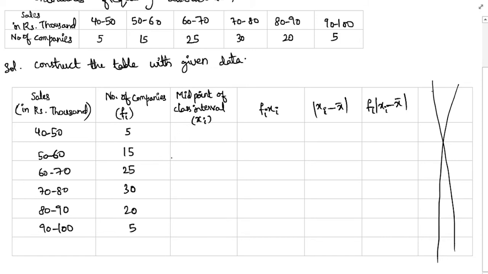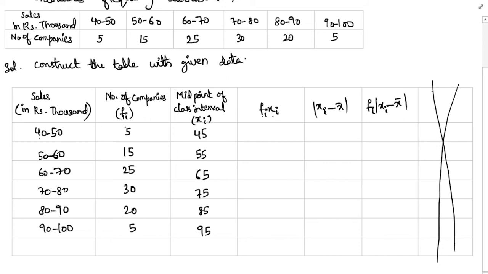That is the midpoint of the class interval. What is the midpoint of the class interval? 40 plus 50 by 2, that will be 45. This will be 55, then this will be 65, 75, 85 and 95. Now we have to find fi into xi.